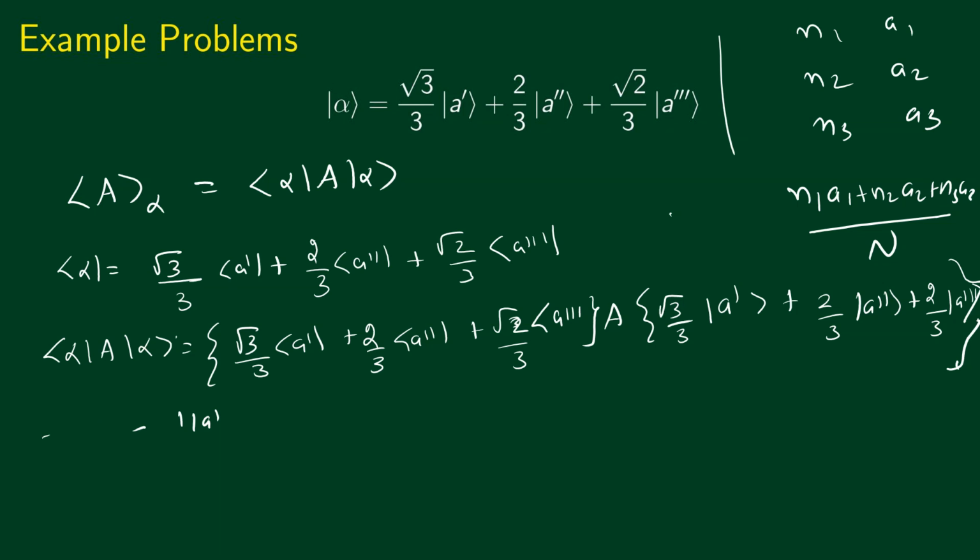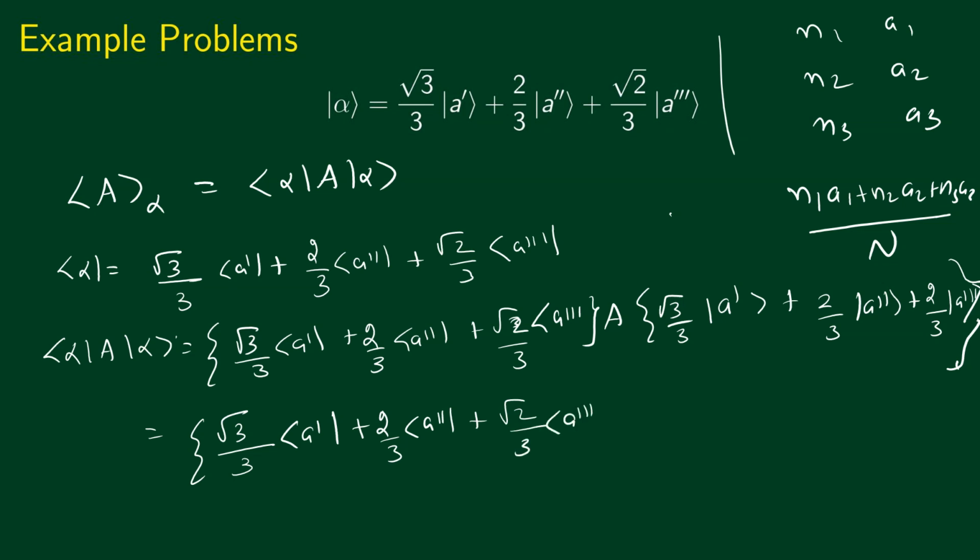Okay, so using the associative property of multiplication, I can choose to take this operator inside. I can choose to distribute it over this sum. So I write this part as the same, √3/3 bra a' plus 2/3 bra a'' plus √2/3 bra a'''.